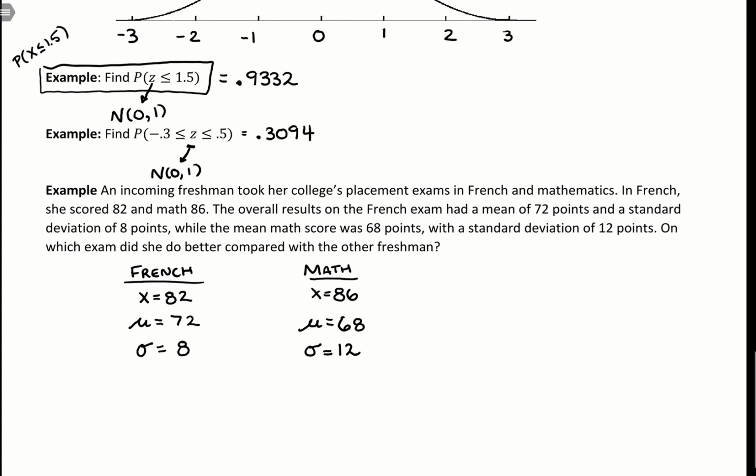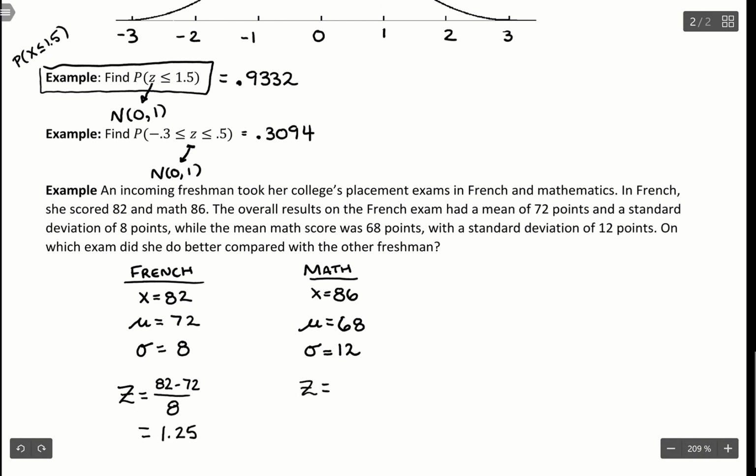So what we want to do here is compare their z-scores. Since we can't just interpret the difference by looking at those three numbers, we need to combine them into a single value. For the z-score, take 82 minus 72 over 8, which will be 1.25. And for the math score, 86 minus 68 over 12, which is 1.5.